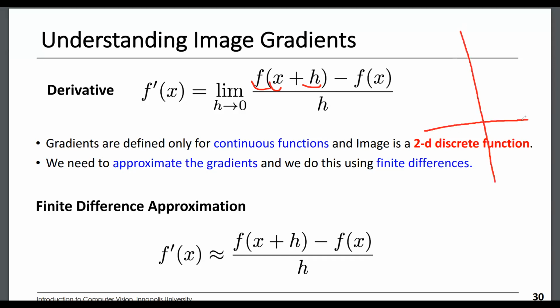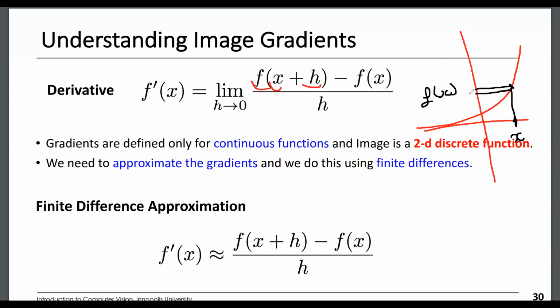So let's come here. This is x. This is f of x. Let's imagine h as a very, very small value. So this is f of x plus h, right?